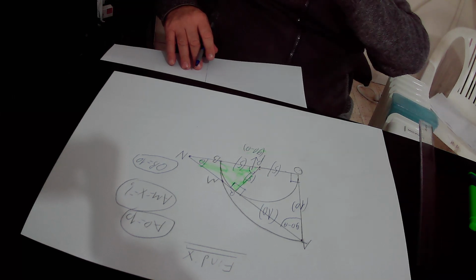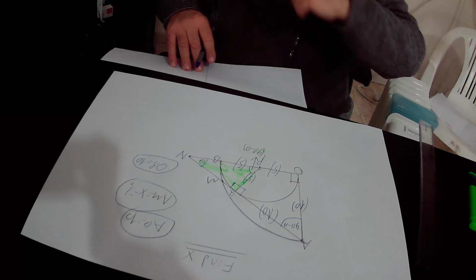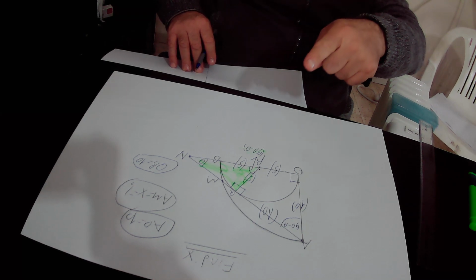So why is the right big triangle AON similar to the green triangle, triangle QPN?